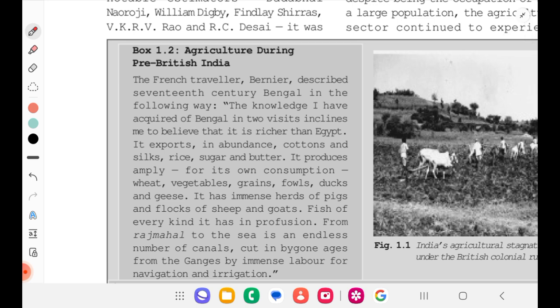The French traveler Bernier described 17th century Bengal in the following way. The knowledge I have acquired of Bengal in two visits inclines me to believe that it is richer than Egypt. It exports in abundance cottons and silk, rice, sugar and butter. It produces amply for its own consumption wheat, vegetables, grains, fowls, ducks and geese.